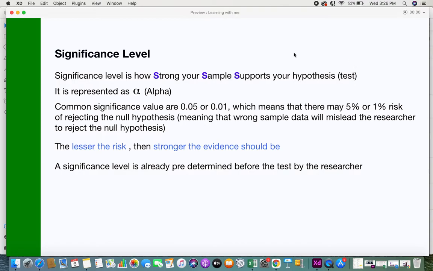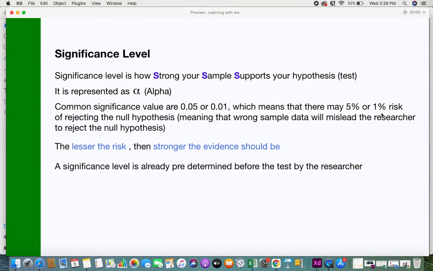This is generally represented as alpha, and common significance level values are 0.05 or 0.01. Whenever they say a significance level of 0.05 or 0.01, what they mean is that 0.05 is a 5% risk, or 0.01 a 1% risk.